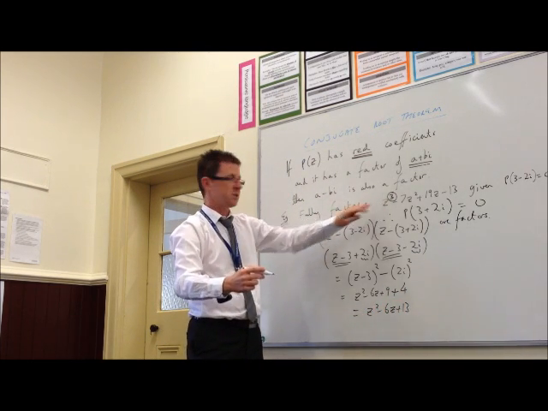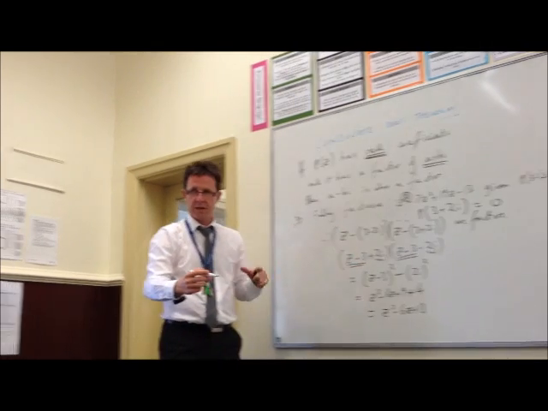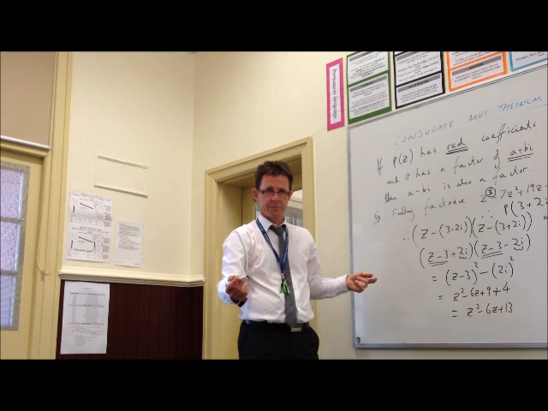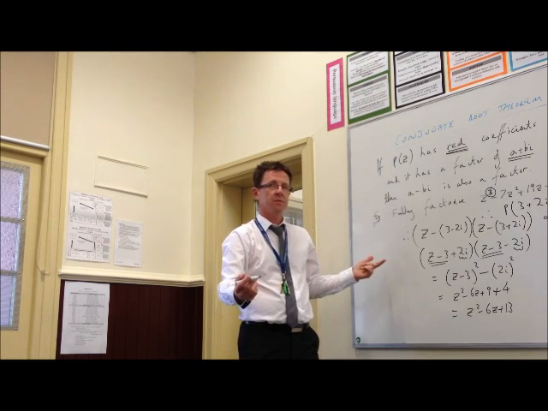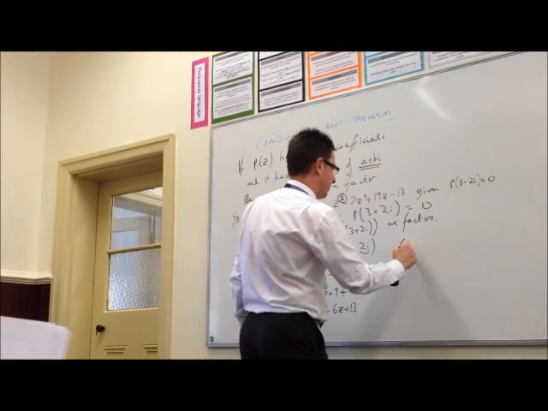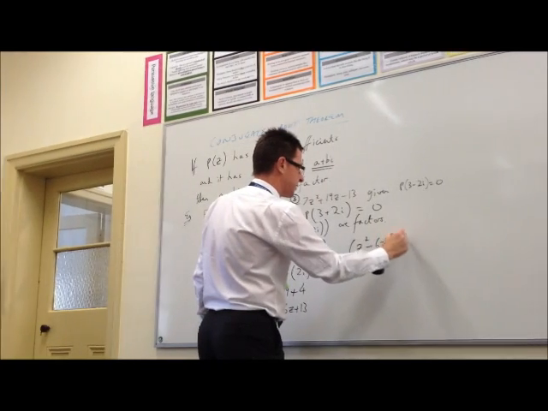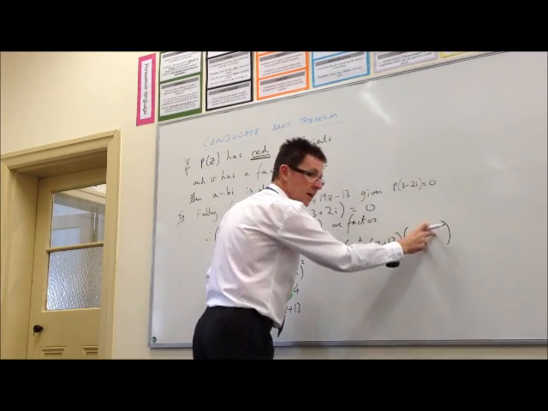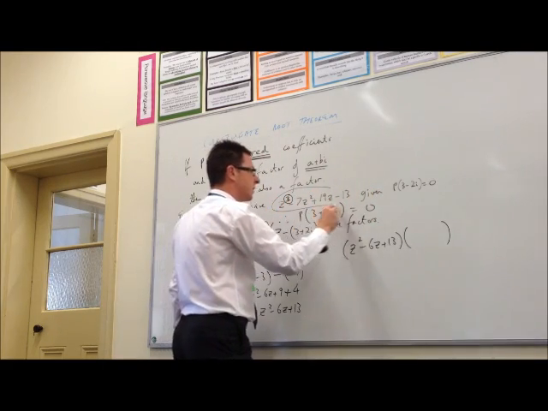I haven't done anything with this yet, I'm just getting my quadratic factor because of the information they gave us. Therefore, z squared minus 6z plus 13 times somebody else has to give me this thing here.